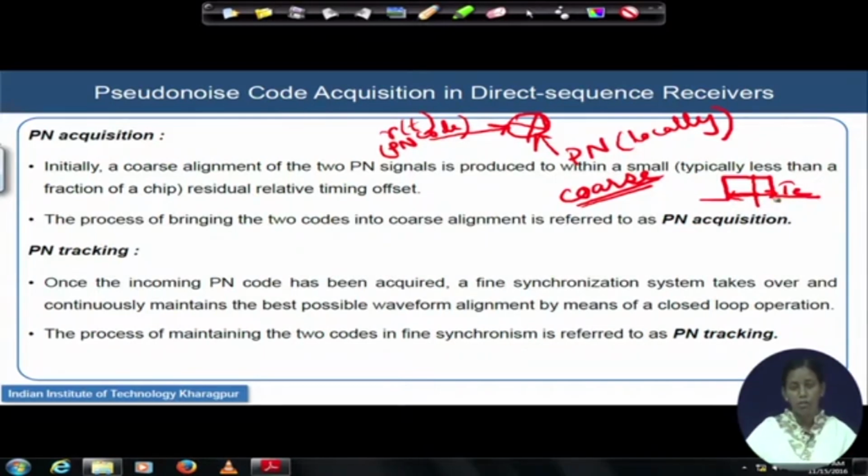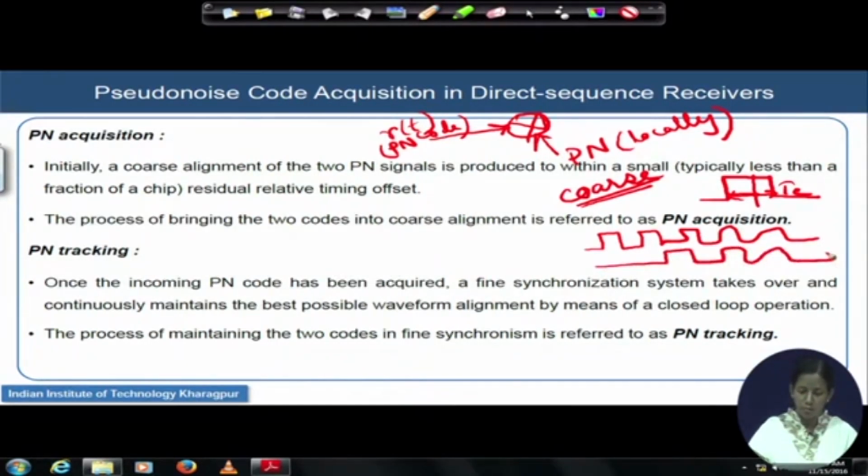You could synchronize within half of the Tc period, 1/4 of the Tc period, or you may be left with a residual error of the full Tc period. So, the error can be something like this. Suppose this is the incoming RT signal and this is the received PN chip. Suppose we are doing this, and what is the target? So, let us do it once more.